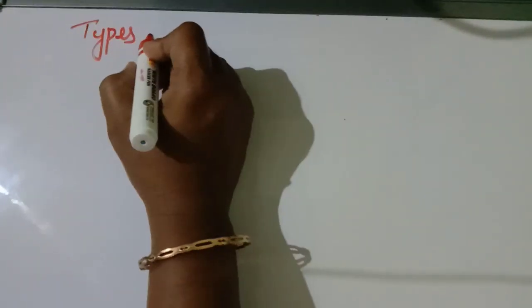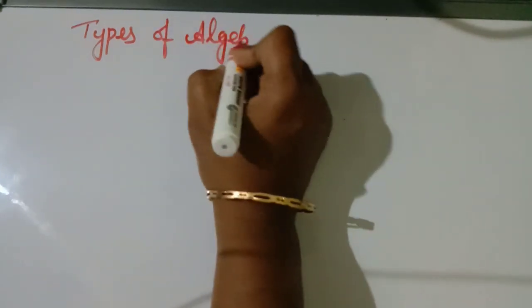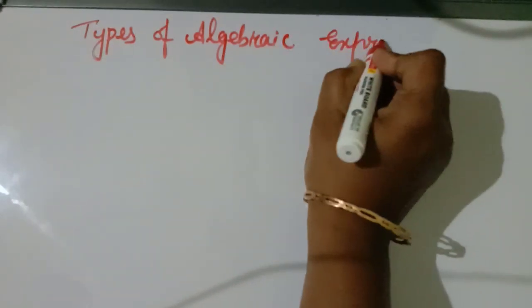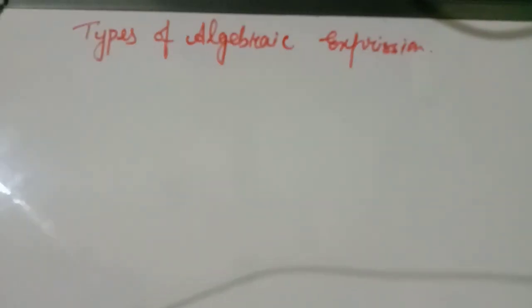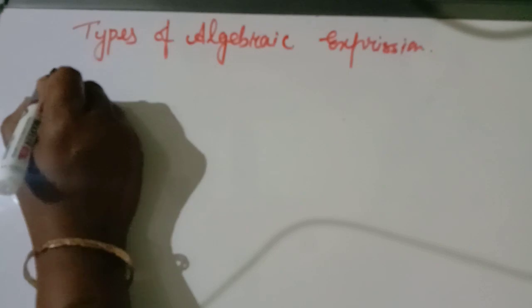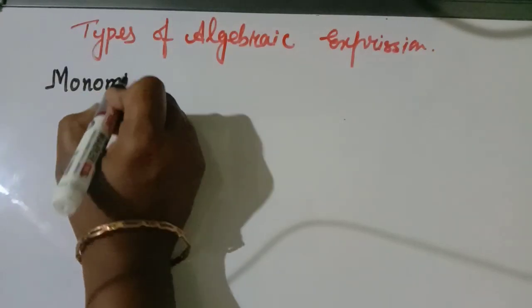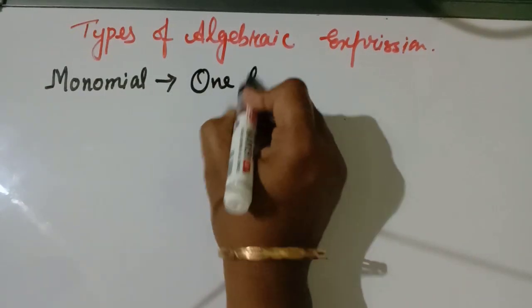Now, the types of algebraic expression. First, monomial. Monomial consists of only one term.